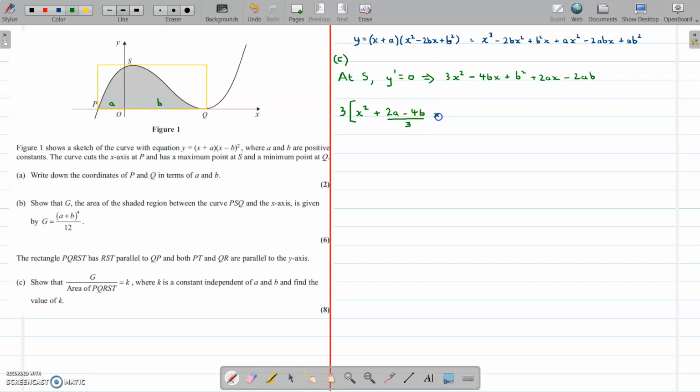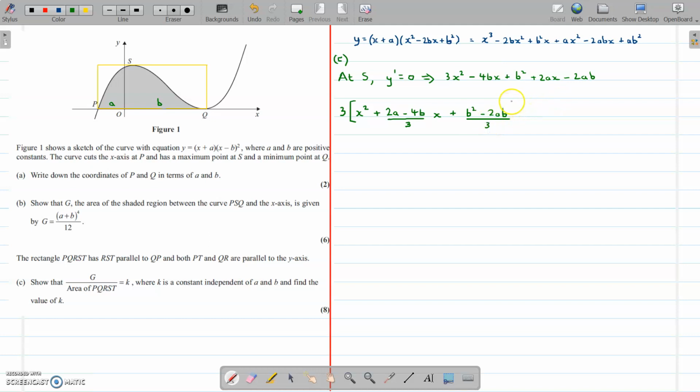That's the x terms. Then I've got my numbers, which are b squared minus 2ab, and of course they will also need to be over 3 as well.